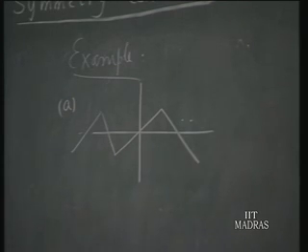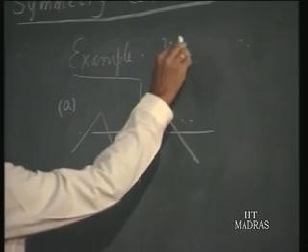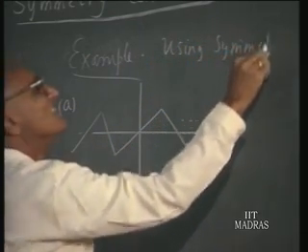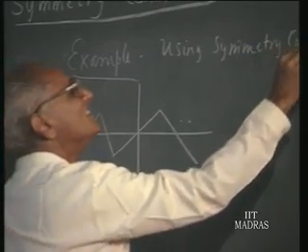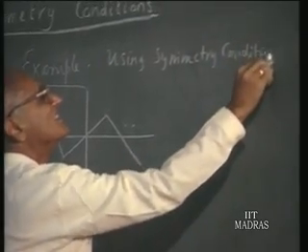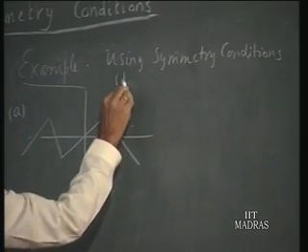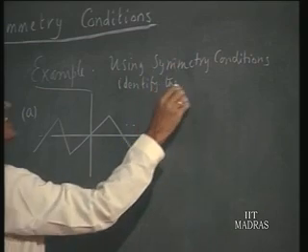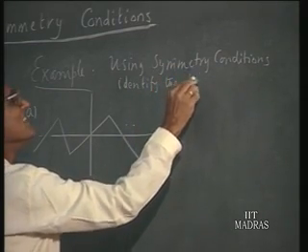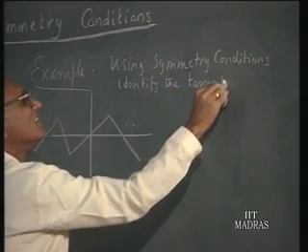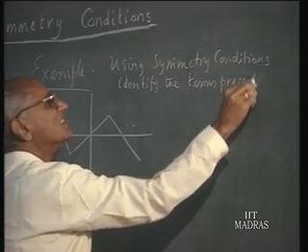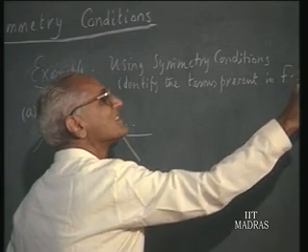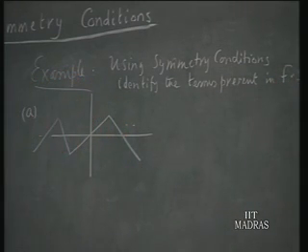Using the symmetry conditions, identify the terms present in the Fourier series, or you can say what are the terms that are absent in the Fourier series.